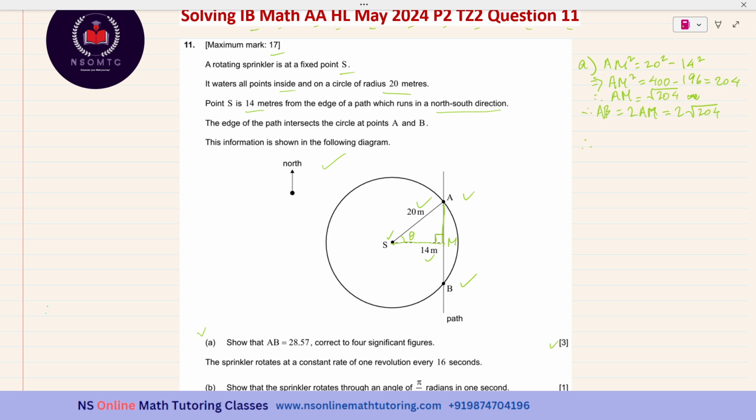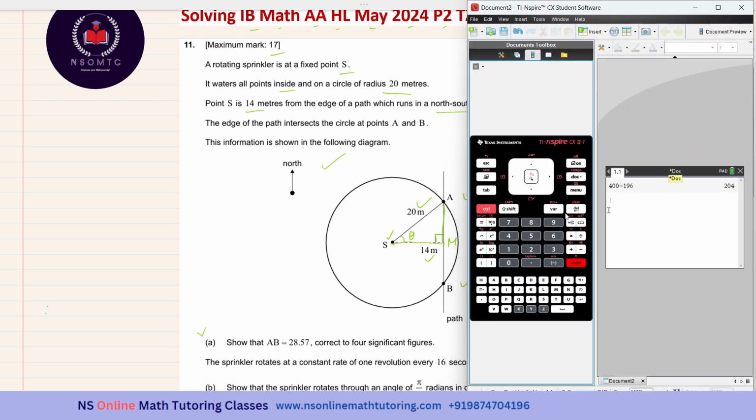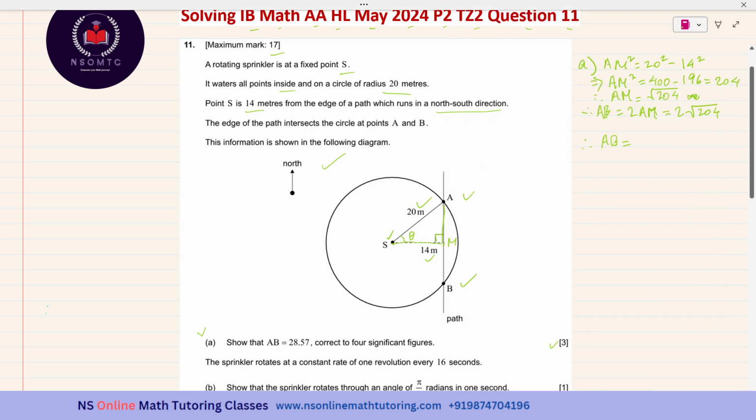Okay. So therefore AB equal to 2 times square root of 204 is 28.565. So 28.5657, let me write.